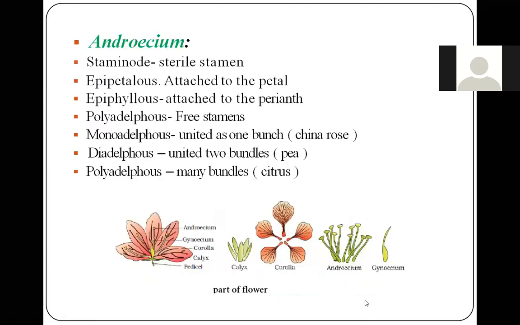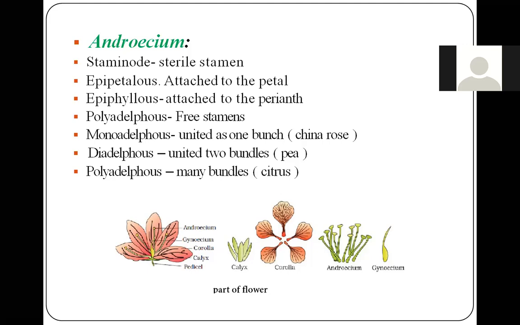The next is the androecium, right? The androecium means the male sex organ. Here in the androecium, the staminode is there, which is said to be the sterile stamen. Sterile stamen means it is not going to bear pollen grains.